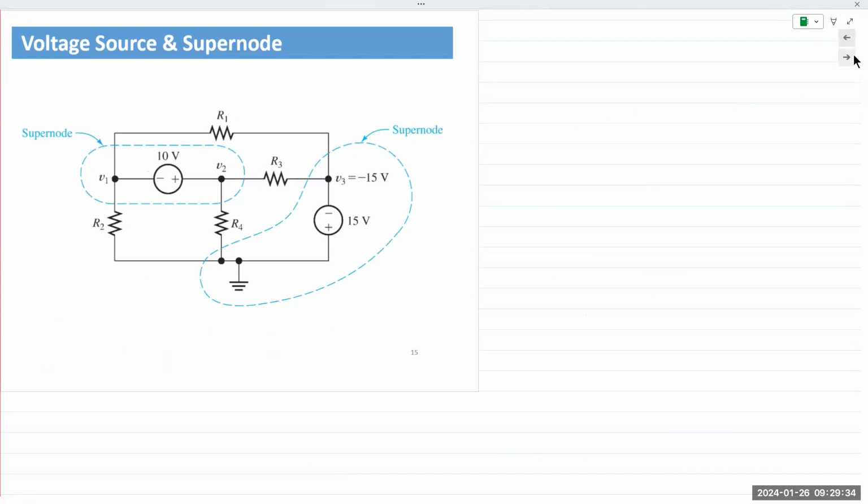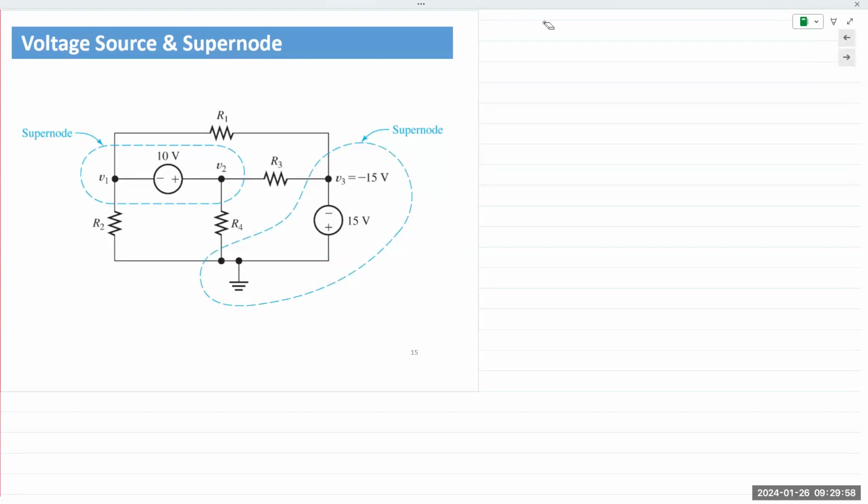And we use the node voltages to describe each of those resistor currents. But if it's a voltage source in there, we cannot write a KCL equation going through that voltage source, right? So in that case, what we do is we combine that voltage source and kind of short it out.